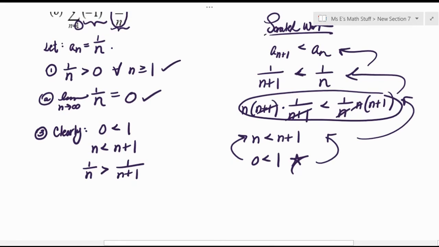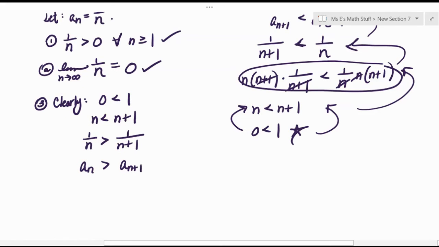And then 1 over n is a sub n. 1 over n plus 1 is a sub n plus 1. And then you've got it, right? So a sub n is bigger than the term right after it, right? And we did this in terms of n, so it'd be true for all n values. And so your conclusion would be, therefore, a sub n is decreasing for all n greater than or equal to 1.